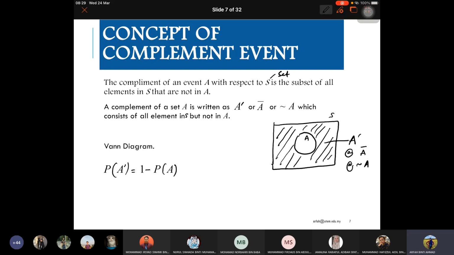Yang mana P(A) ni adalah probability of A and P(A prime) adalah probability for the complement of A.